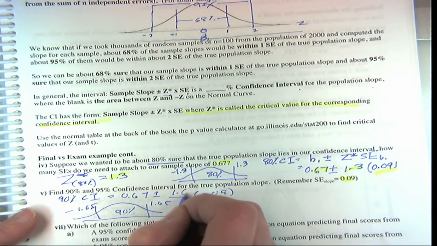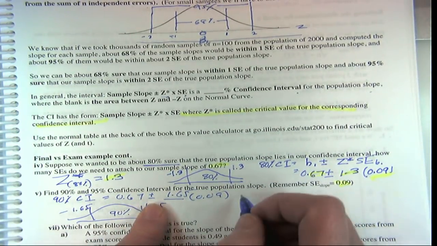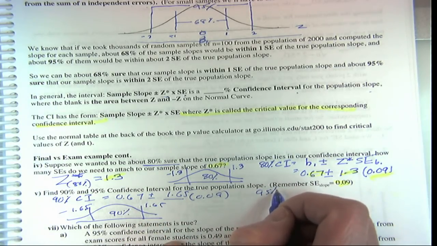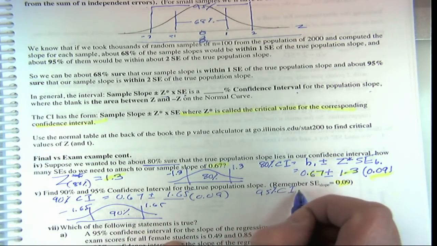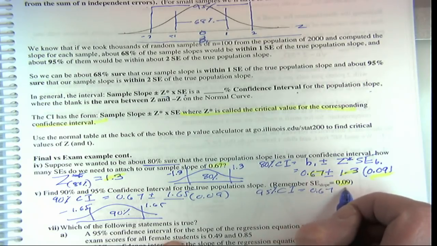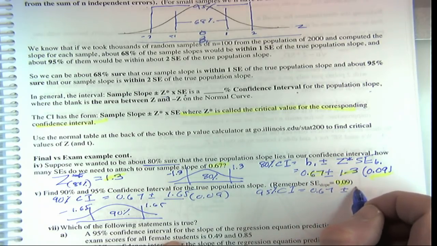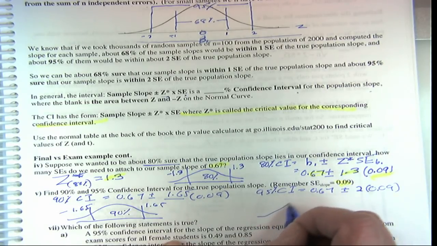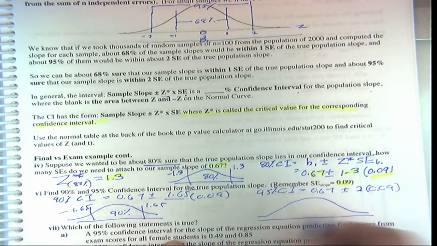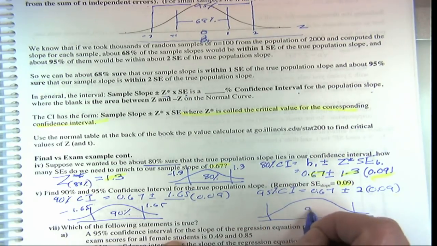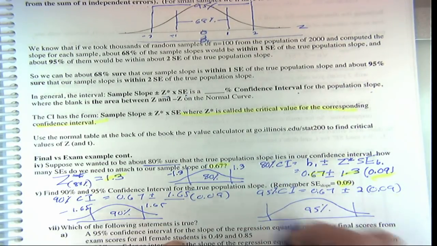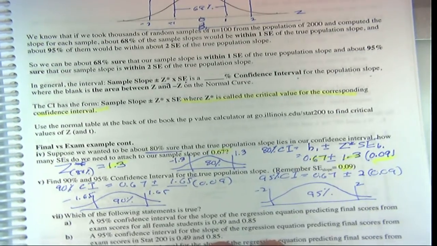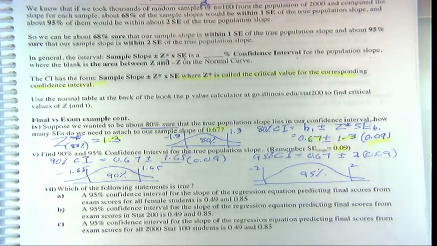So we put 1.65 plus or minus. And then the 95% confidence interval is going to be even wider. That's going to be 0.67, we know that, plus or minus, we'll just estimate it as 2 times 0.09. And you see it's wider even, because now we want 95% in the middle. So they get wider and wider, the more confident you are.